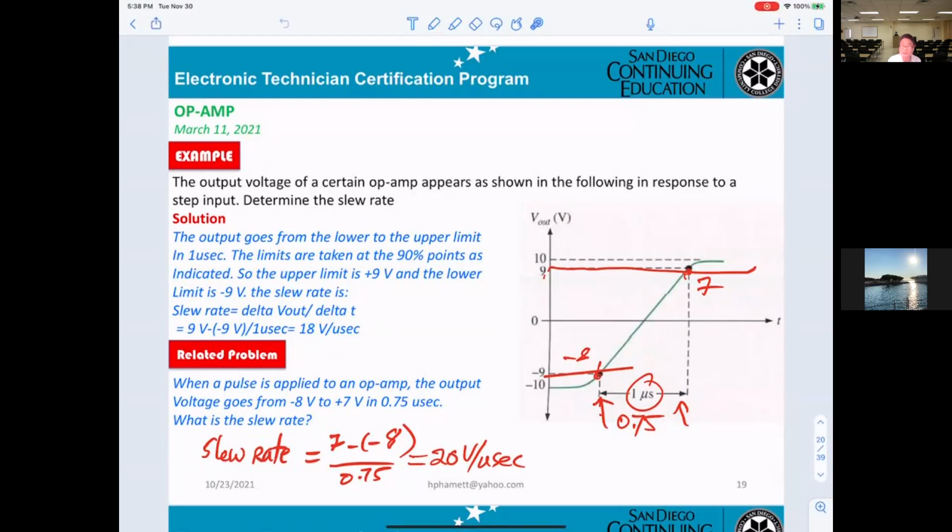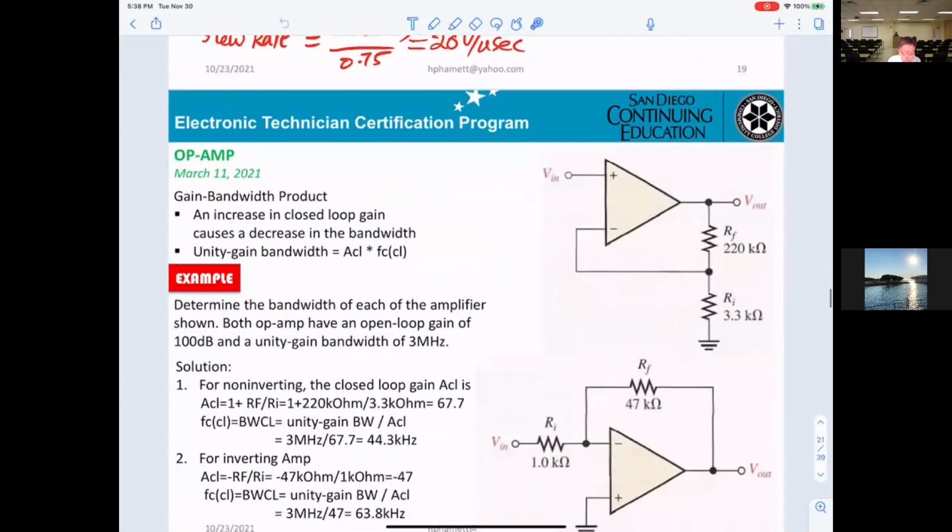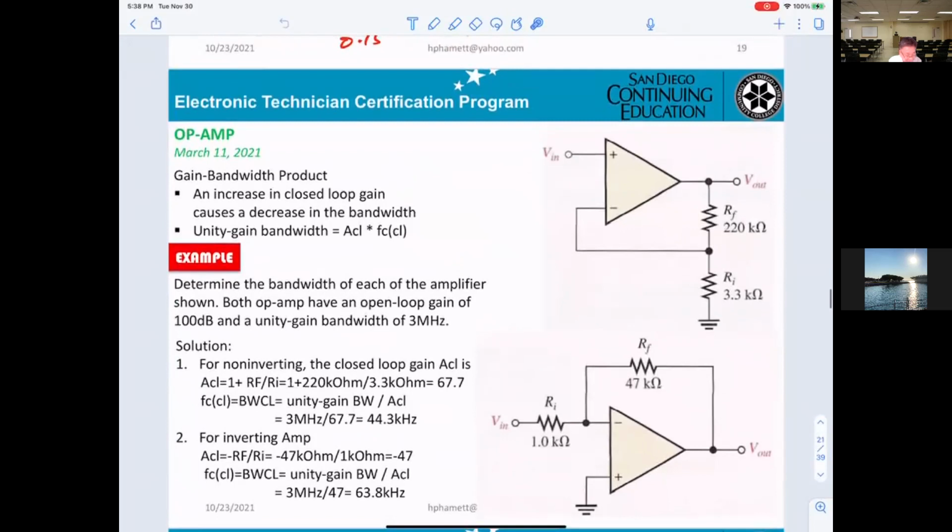The only thing you need to do is go through the example, redo it, and make sure you understand how we calculate the slew rate. And they also gave you a related example problem here, so you can do your calculation. Let's see what else.